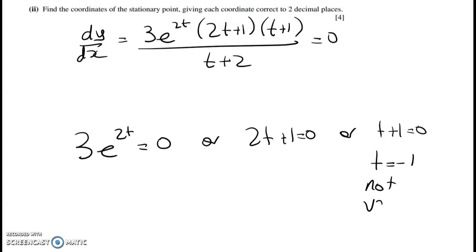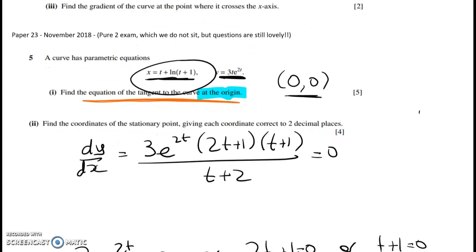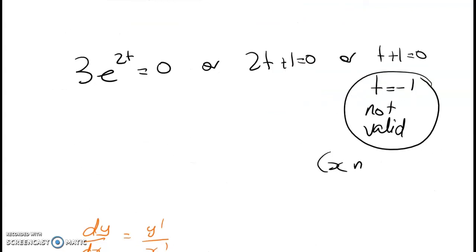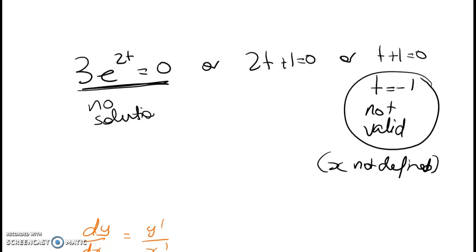That's not valid, and it's not valid because x can't have t of -1. So x is not defined. What's next? Well, this one here, there's no solution. So the only one we've got is this one here, and t is equal to -1/2.